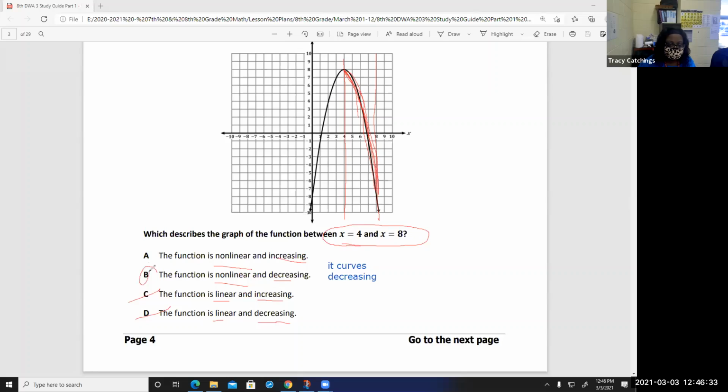So our correct answer will be B, nonlinear and decreasing. So if they give us a question like that, only look at the places they want you to look at. That's all. That's it. Any questions about it? All right.